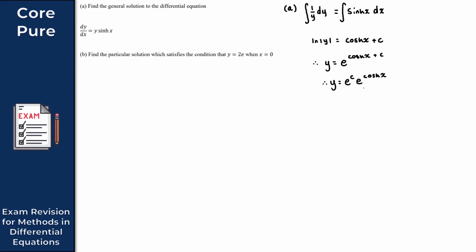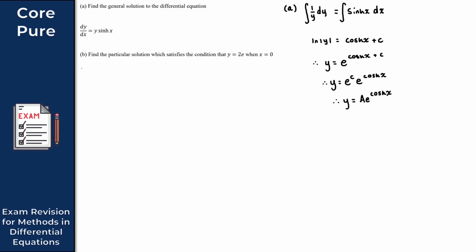So if a is equal to e to the c, then y is equal to a e to the power of cos x. Any of these are absolutely fine for our general solution. I'm going to put it into this form because we might find that useful for part B. So there we have it, that gives us the solution to part A.